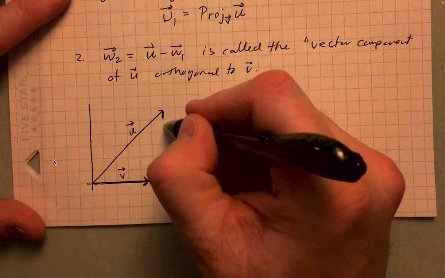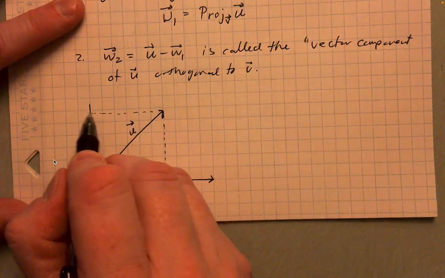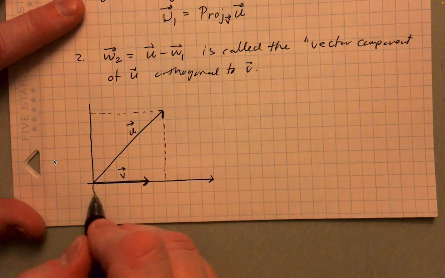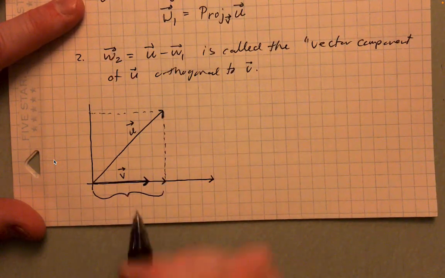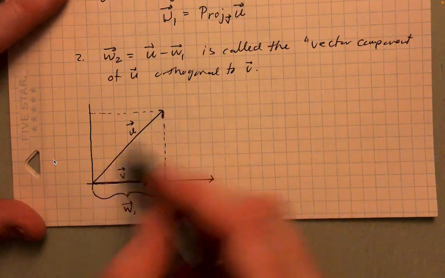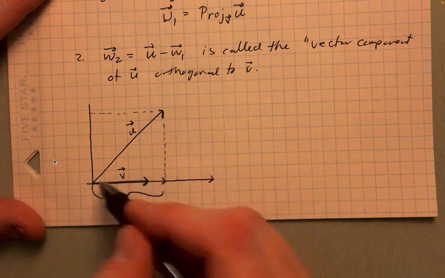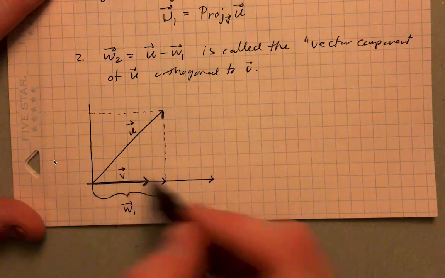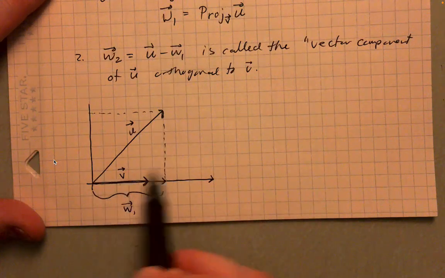Now you can think of u as being dropped down, and this part here is another vector that's formed, the vector w1. So u is dropped down onto the axis created by v, but with a different length.